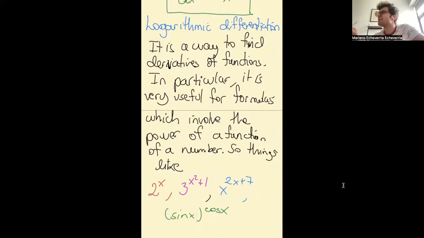For these problems, I'll tell you that you should use natural log to find the derivatives. Usually the way to identify them is that they involve powers of the variable x, like a variable raised to another variable, or an expression of x raised to an expression of x, where the exponent depends on x.